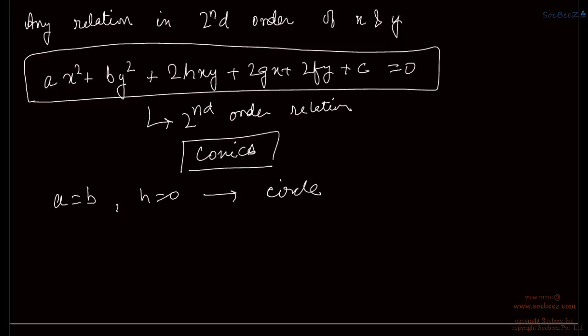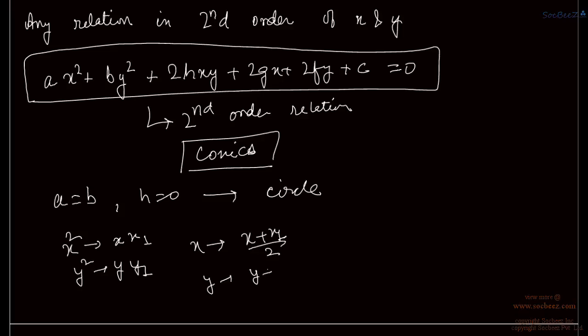So see, on this conic, on this second order relation, if at point x1 y1 we have to find the equation of tangent, then we can substitute x as x1, y as y1, x square as x x1, y square as y y1, x as x plus x1 upon 2, y as y plus y1 upon 2.